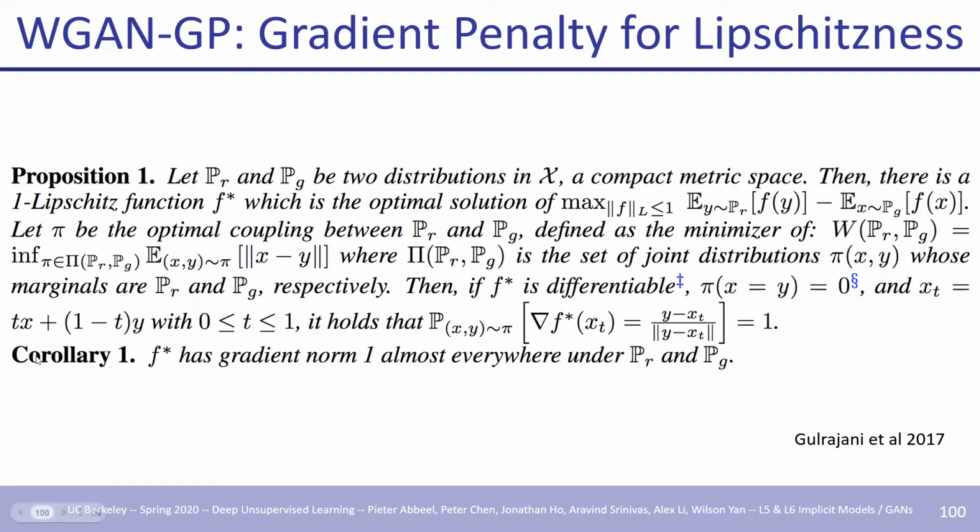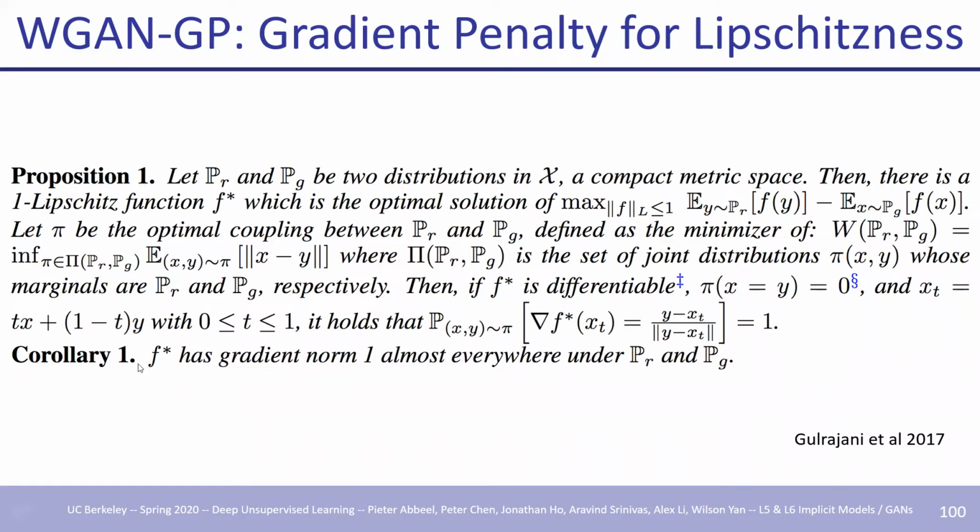So from that we have a corollary that's actually useful. The gradient is just equal to the difference between them. I guess we can just take the derivative with respect to t here. Anyway, this theorem says that.